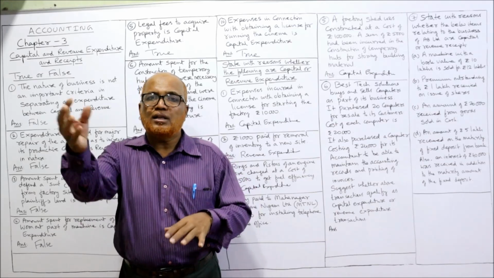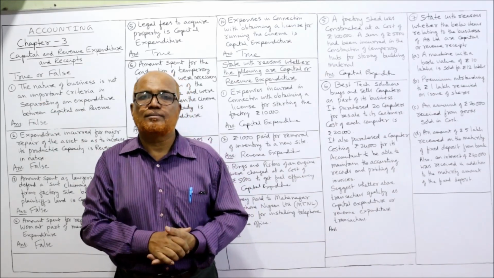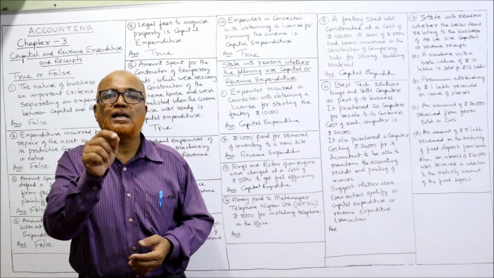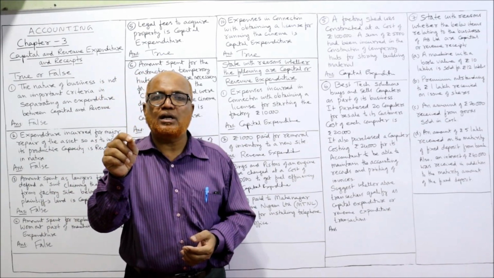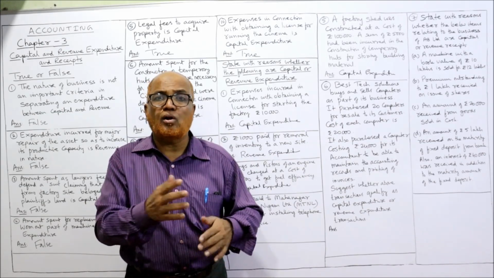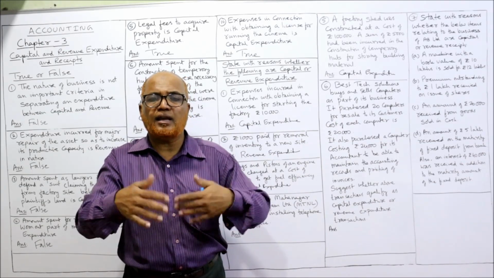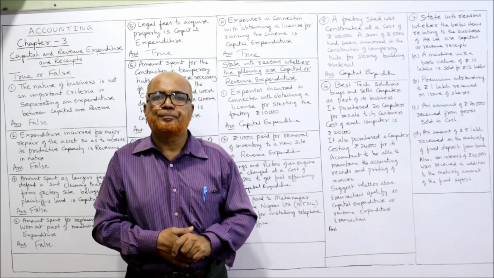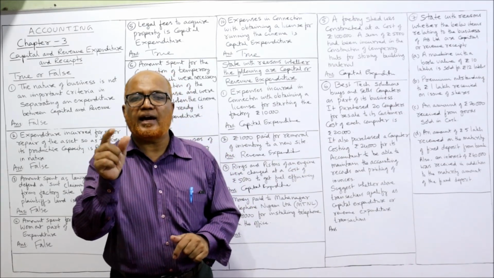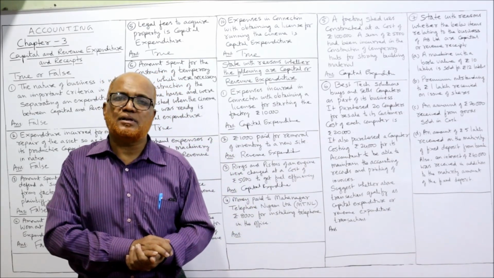On maturity, that 5 lakh rupees is received. So, it is a capital receipt. The amount received on maturity of a fixed deposit is non-recurring. It will not be received again and again. It is not the ordinary course of activity. So, this amount of 5 lakh rupees is a capital receipt.